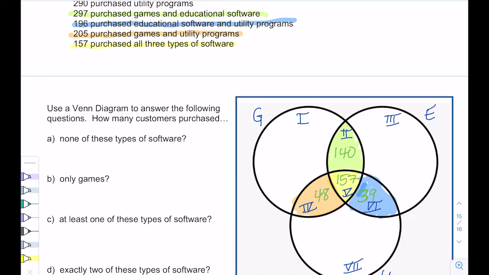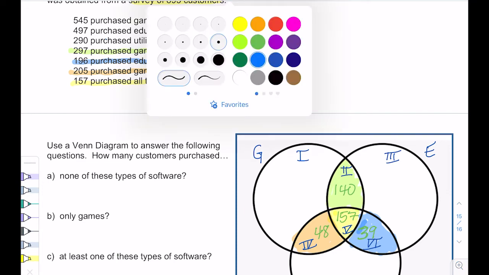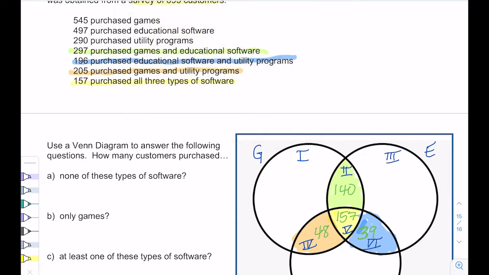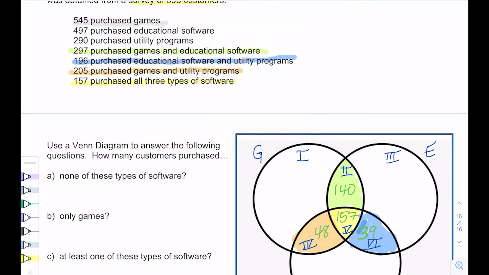Now I need to fill in all the other pieces of the circle. So let's look at the games circle. In this information, they tell me that 545 purchased games. So I know that in the games circle, all of those numbers need to add up to 545.